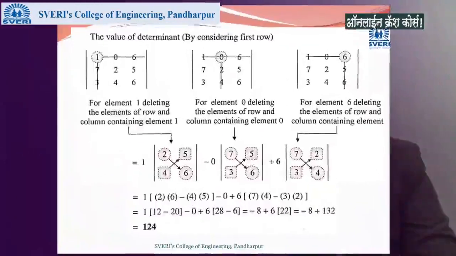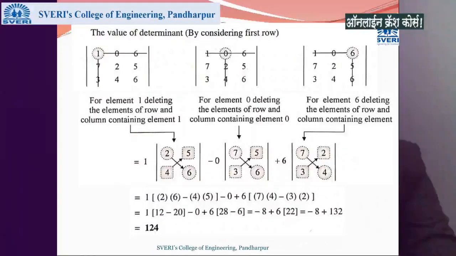Calculating the determinant of that matrix: 1 into the minor of 1, that is 2 5 4 6, minus 0 into the minor of that term, 7 5 3 6, plus 6 into the minor of 6, 7 2 3 4.